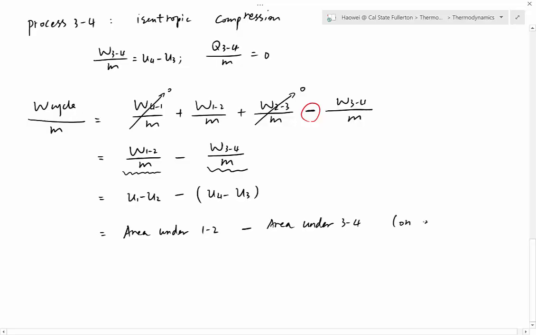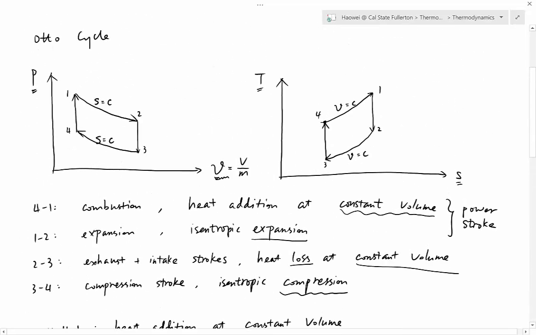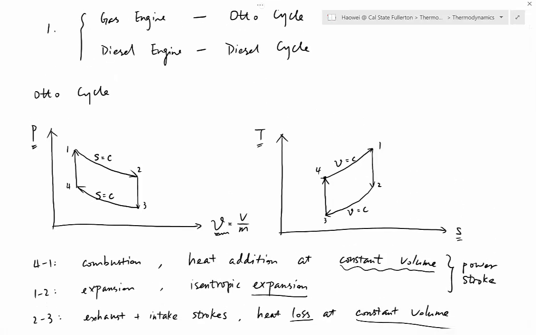This has to be on a P versus nu diagram. So now let's take a look. Area under 1-2 minus area under 3-4. What is left? The only area that is left, it's very easy from geometry, must be the area of the enclosure.